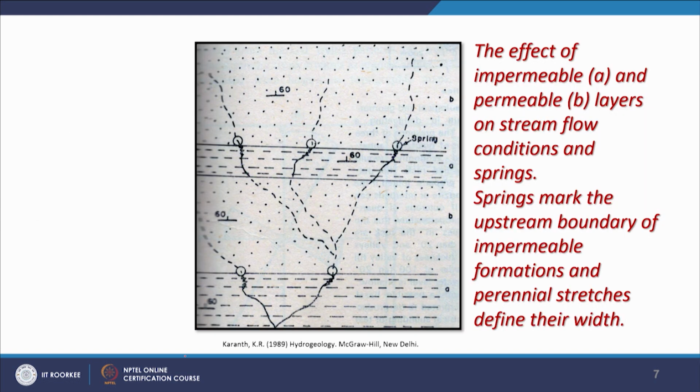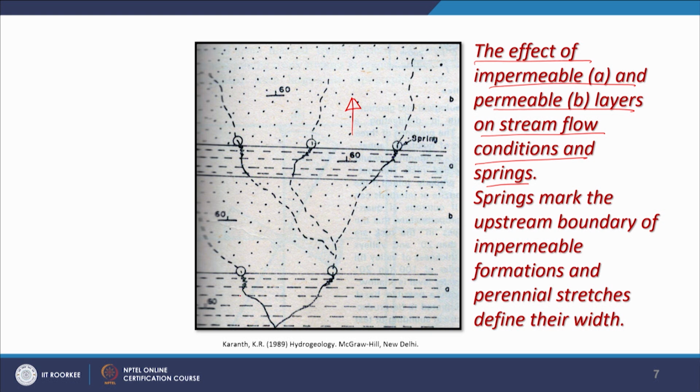Further, if you look from the top, this information can also be gathered, like the effect of permeable and impermeable layers on stream flow conditions and springs. Here there is a sequence of pervious and impervious layers, and rocks are dipping towards north in this map by 60 degrees.